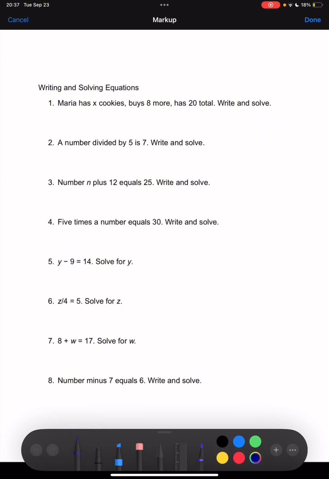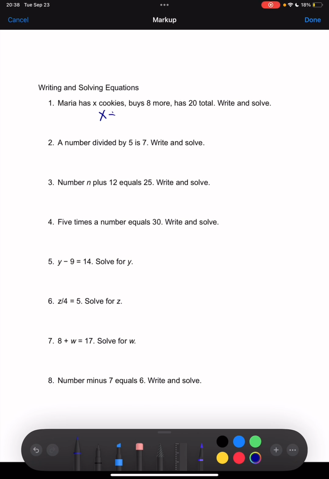Okay, now we're going to be writing and solving equations. Let's look at question number 1. Maria has X cookies, buys 8 more, and has 20 total. Write and solve. So Maria first starts with an unknown amount of cookies, which is X, and then she buys 8 more.